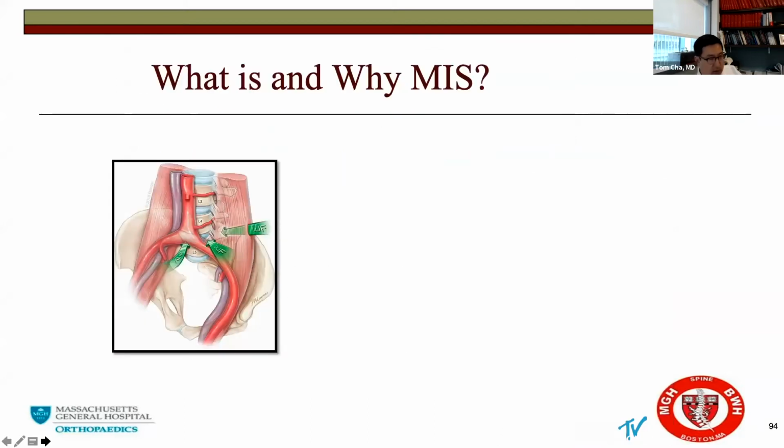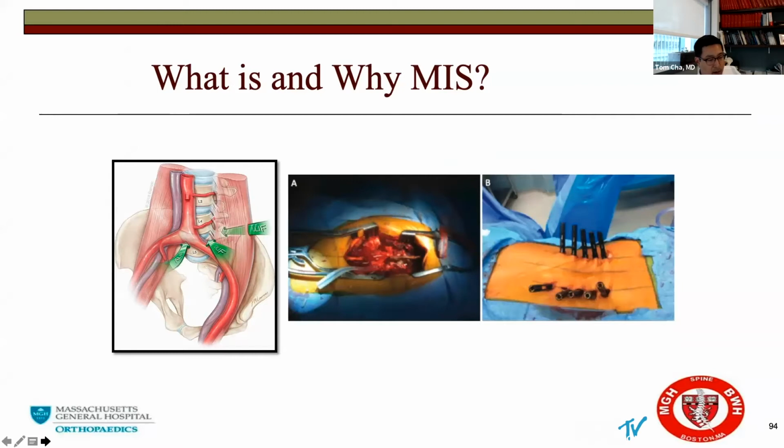So MIS techniques include lateral lumbar interbody fusion, MIS TLIF, and mini-open type ALIF procedures that allow access to this anterior interbody space while allowing for either percutaneous segmental fixation or MIS decompression techniques, maintaining the integrity of the posterior soft tissue envelope. And that will confer the benefits of minimally invasive surgery: reduced blood loss, allowing earlier mobilization and fewer complications, and potentially a reduction of length of stay.